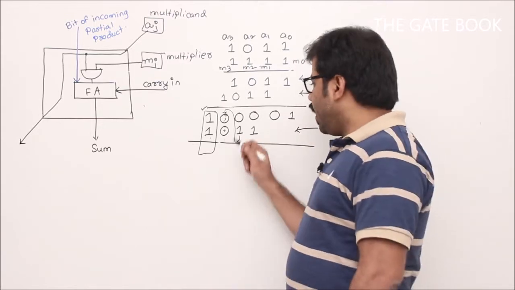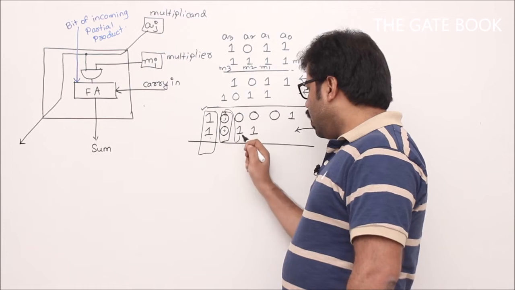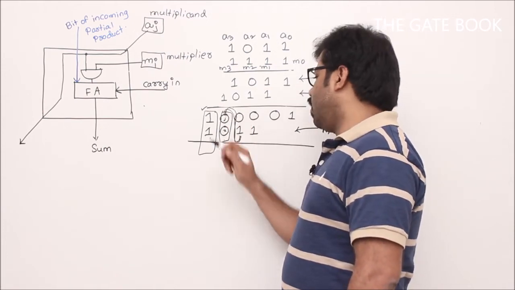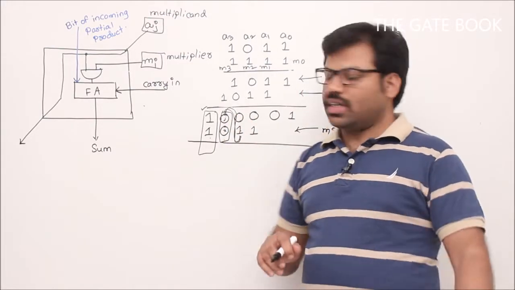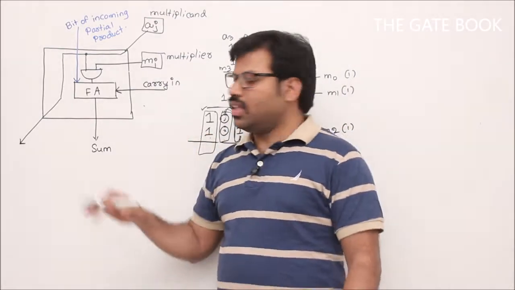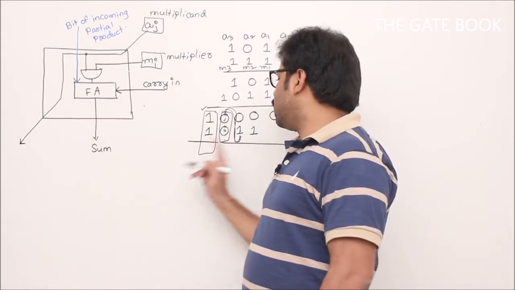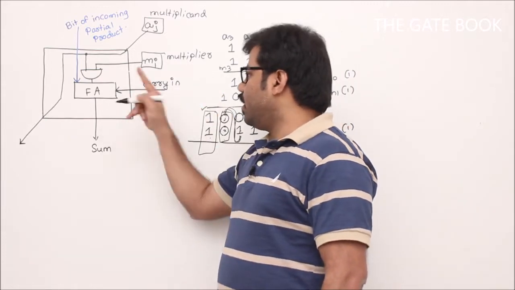In that way, every line needs one addition, but that addition is not only 2 bits; one carry might also come. Of course here there is no carry, but sometimes you get one, so you should be prepared for that. That is what we are going to do in this component. So I will be having one full adder because I am going to get one carry from the previous computation. So that is carry in.